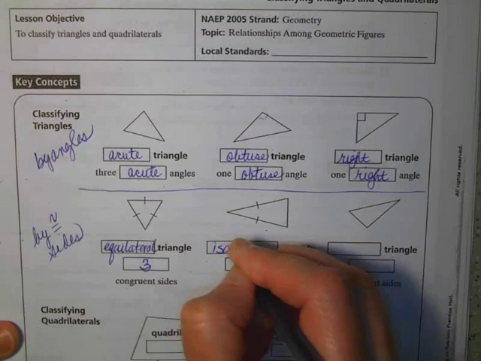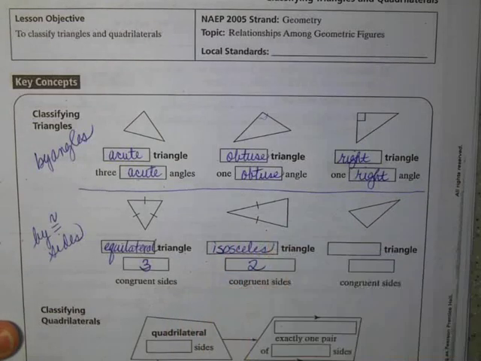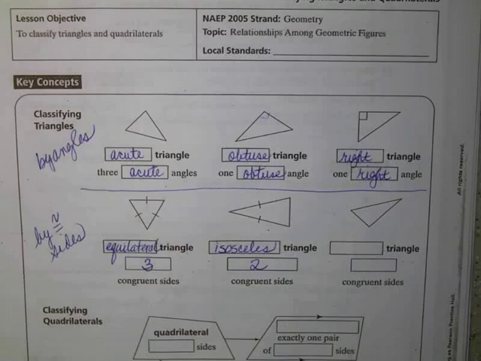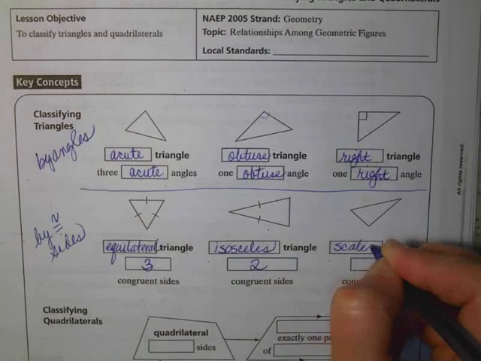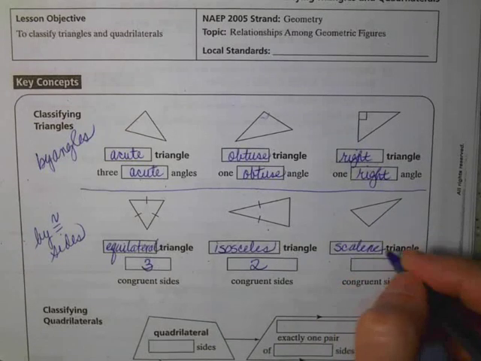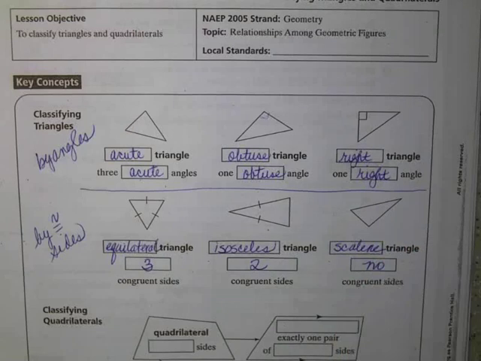It's an isosceles triangle. And that one is kind of an interesting word. I always think of it, there's one isolated side and two others that are congruent. So isosceles. Our third is a scalene triangle, and it has no congruent sides.